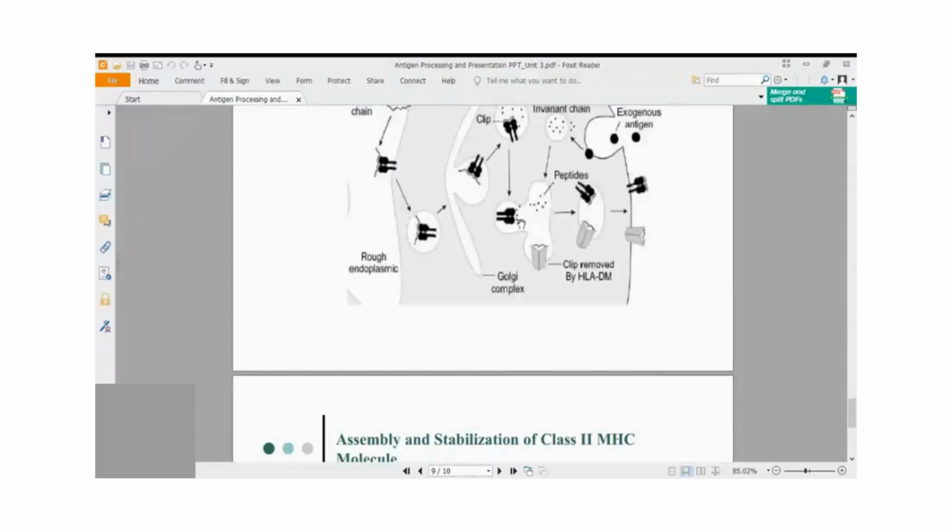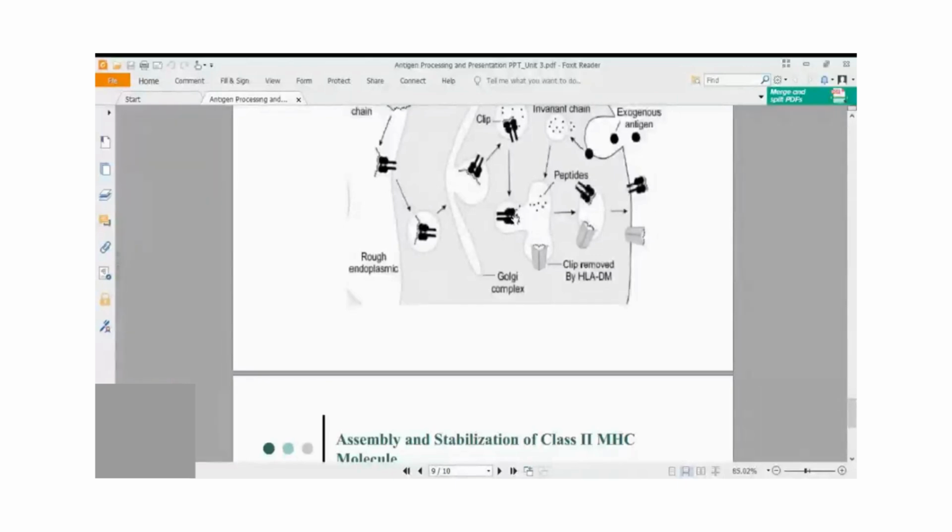Until then, the invariant chain is the self antigen, which was broken down to form CLIP protein that was bound to the class 2 MHC, and which was snatched away by the HLA-DM in the same vesicle because of its affinity. Now that antigen groove is empty, and it is going to attract peptides of 13 to 18 amino acid residues to its surface.